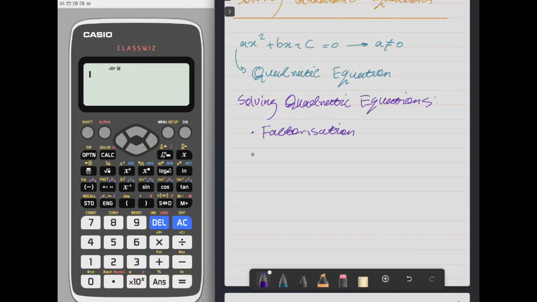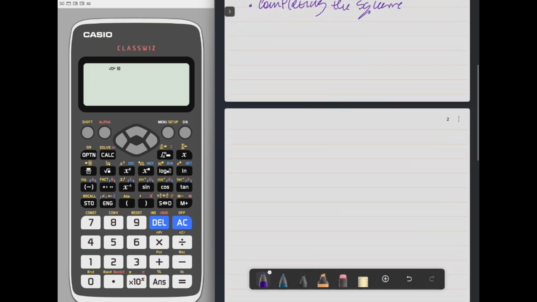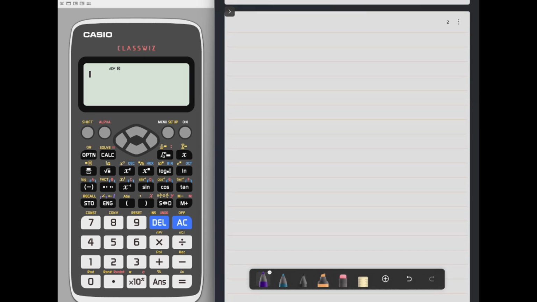The second one is using the formula. And the last one is completing the square, which we learn in section 2 of this chapter. Alright, let's dive into it.